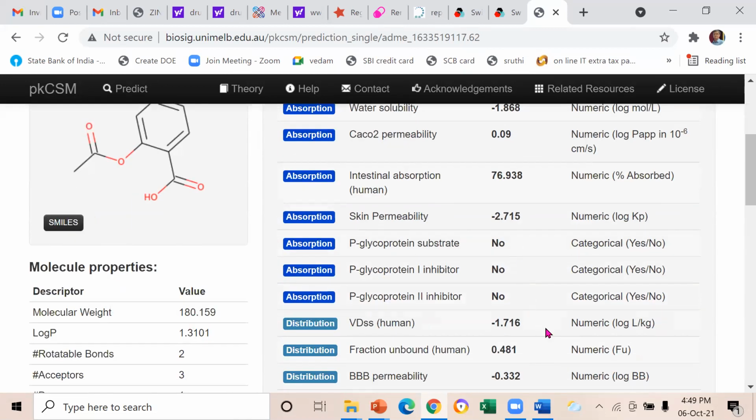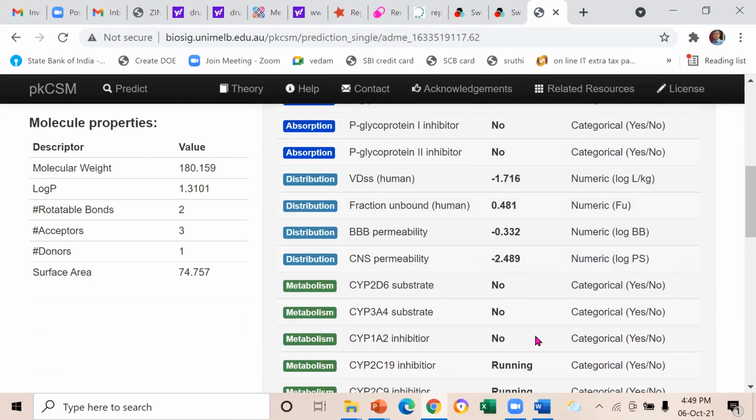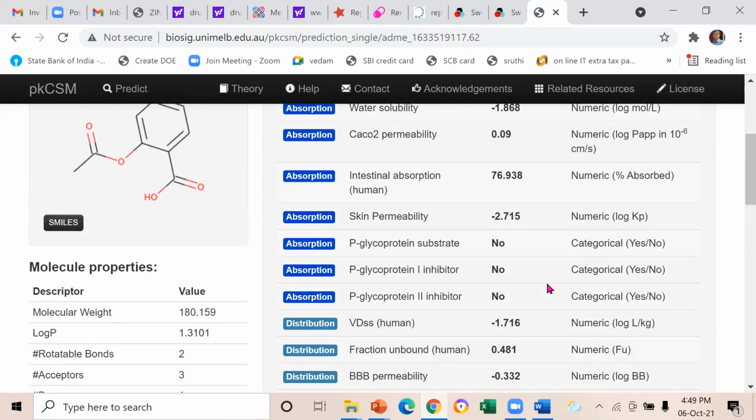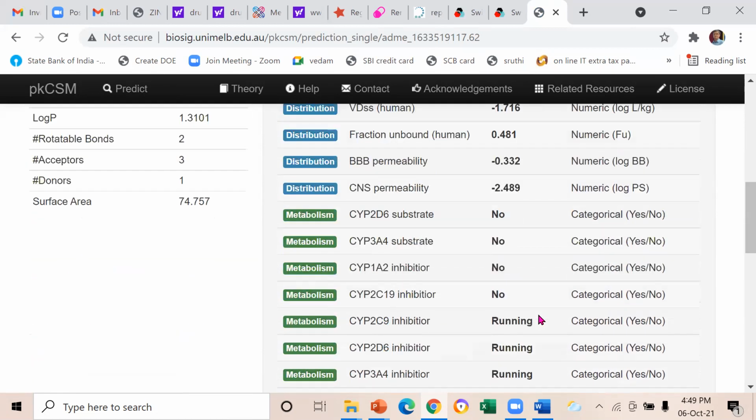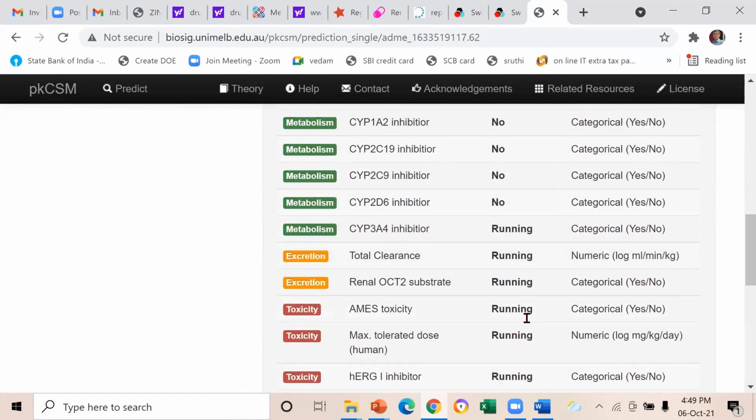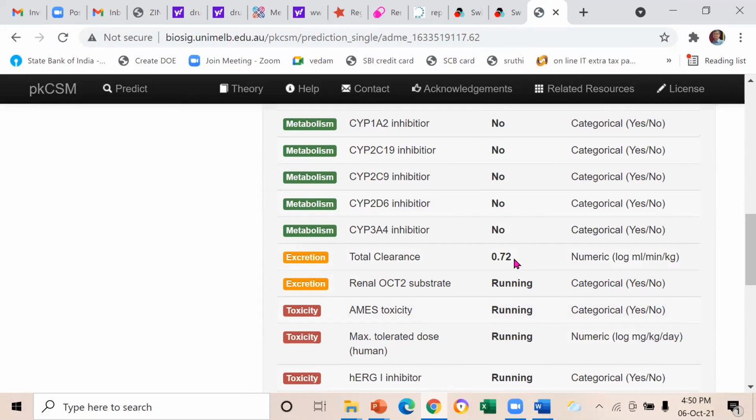So it's calculated as you can see here. This is running here. Blood-brain barrier penetration, yes, it's penetrating a little bit. P-glycoprotein, no. Skin permeability, no. Cytochrome, no. Metabolism, then excretion, it's running here. It will take a little bit of time. Given 0.72 log ml per minute per kg.